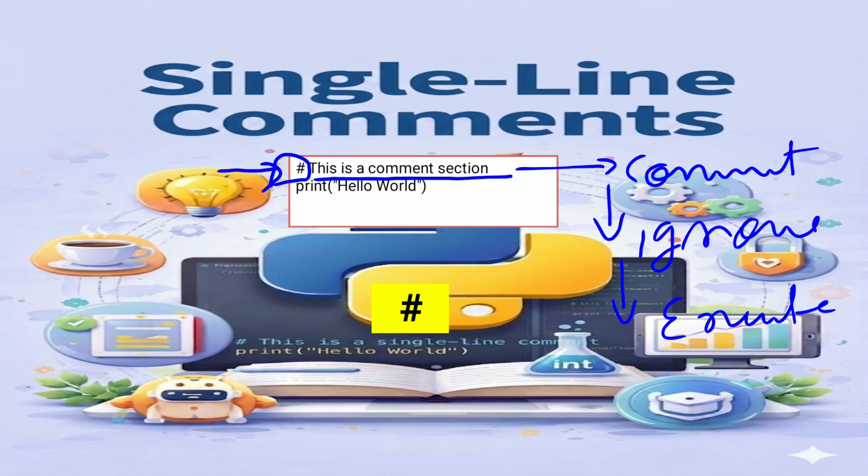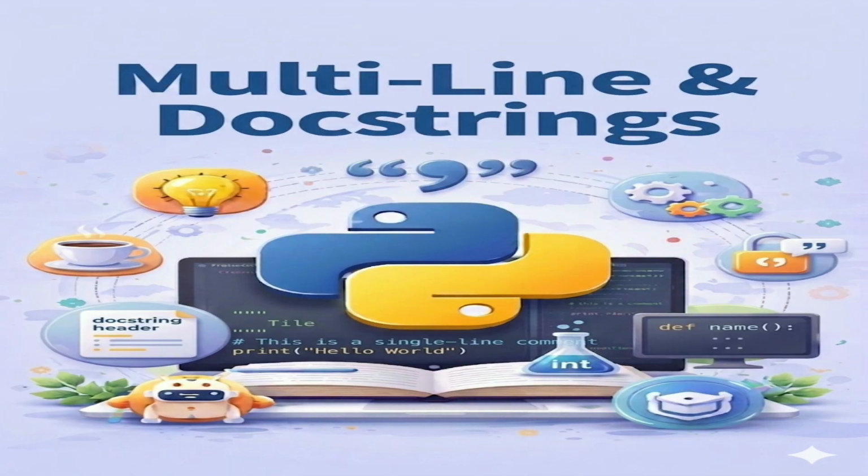So this is not an executable स्टेटमेंट, ये एग्जीक्यूटेबल स्टेटमेंट नहीं रहेगा, ये सिर्फ हमारे पास एक हेल्प फॉर्म में रहेगा जो हमें असिस्ट करेगा, प्रोग्राम के बारे में हमें बताएगा। तो when we use the single line comment then we use the hash symbol.